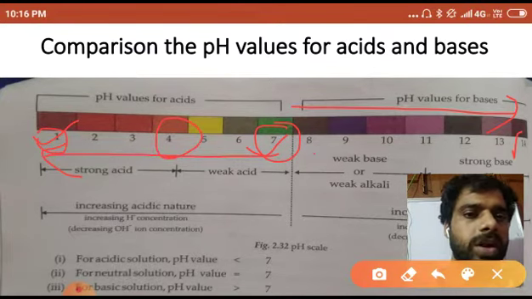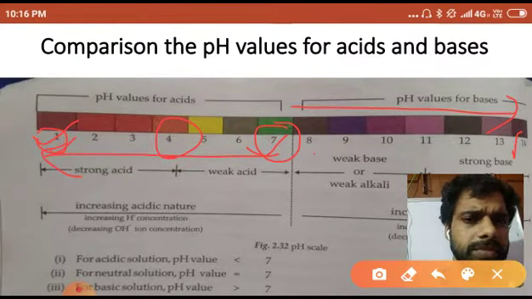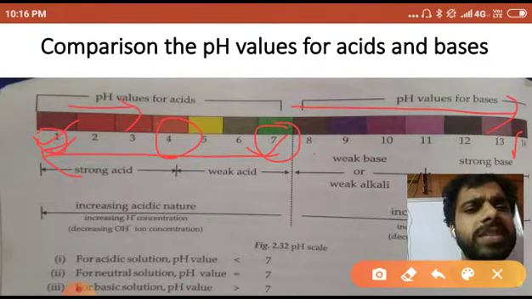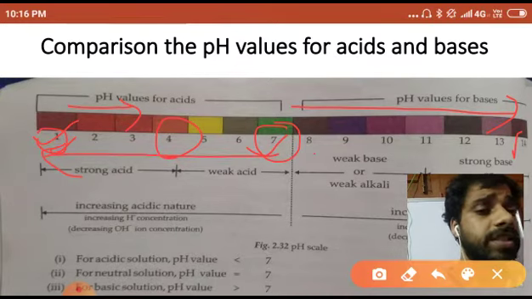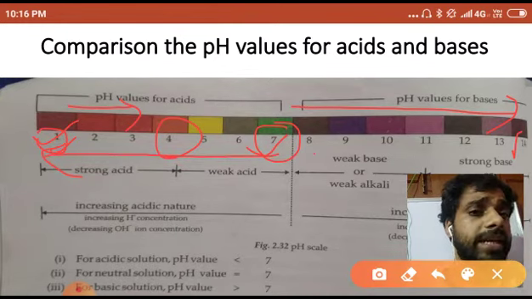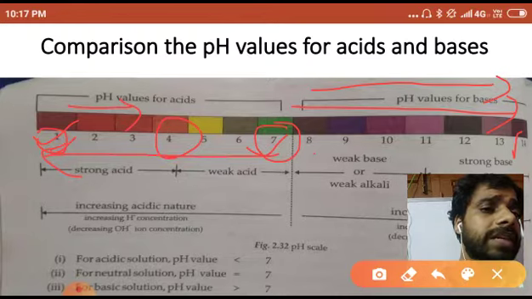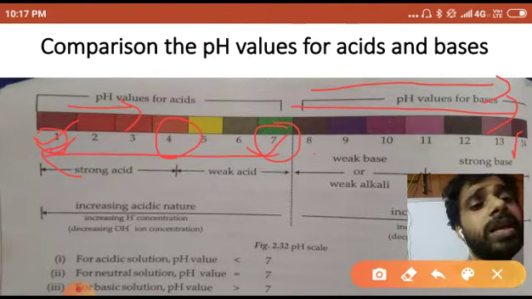This one will not be a strong acid, and as we come this side, the acidity will decrease. Why will acidity decrease? Definitely the calculation of H plus will tell you. And if I go to this side, we will see the hydroxide concentration will increase and the H plus concentration will decrease.